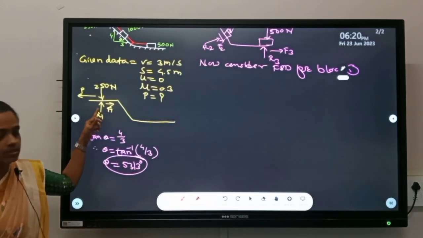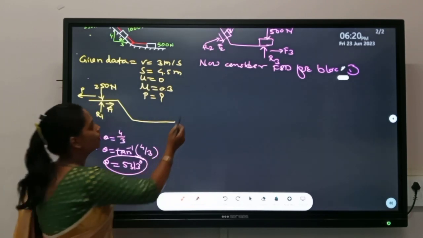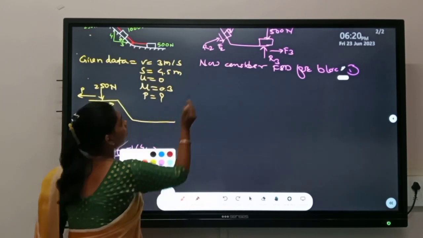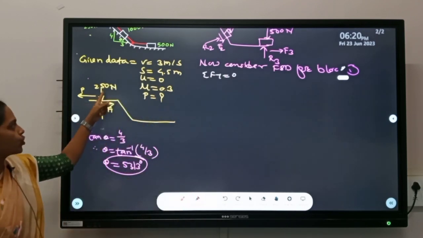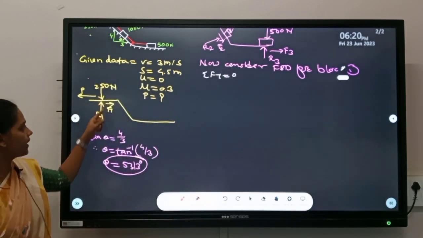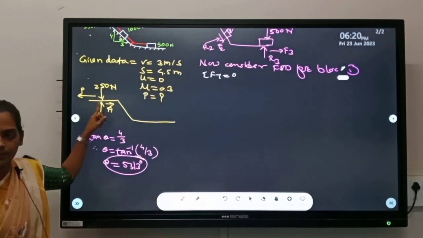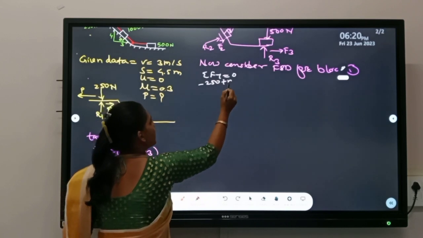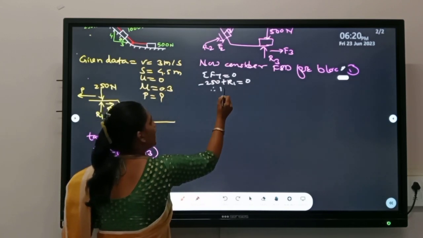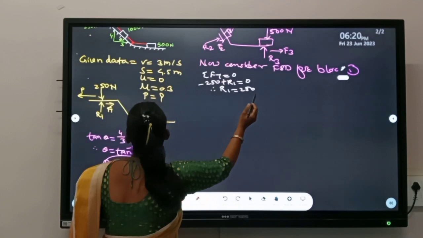Okay, so now consider the FBD for the first block. Apply equilibrium conditions. Summation Fy is equal to 0. Since 250 is going downward, it is minus, and R1 going upward is taken as plus. Minus 250 plus R1 is equal to 0. Therefore R1 is equal to 250 Newton.